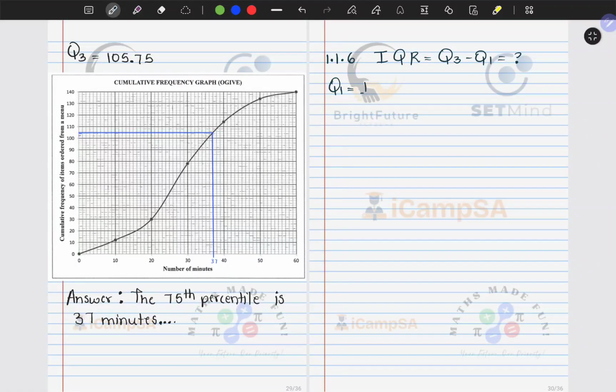Our Q1 is given by 1 over 4 into n plus 1, which is 1 over 4 into 140 plus 1. And this is going to be 1 over 4 into 141. So that is going to be about 35.25.